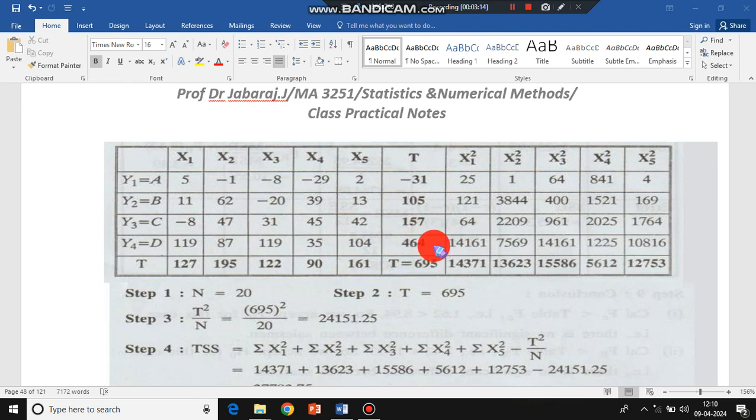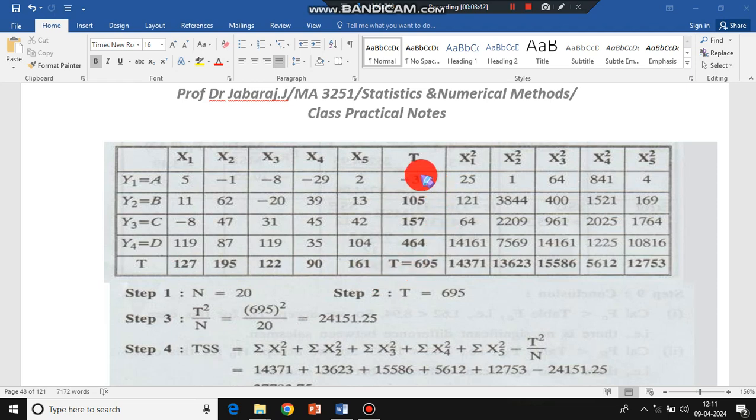Now similarly add this column and write the total here, add this column, write the total here, add this column, write the total here, add this column, write the total here. If you add this and this, you have to get 695.